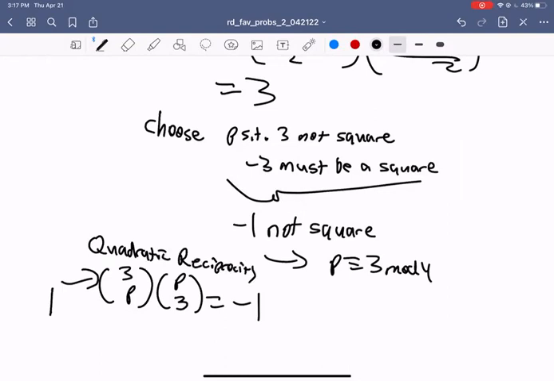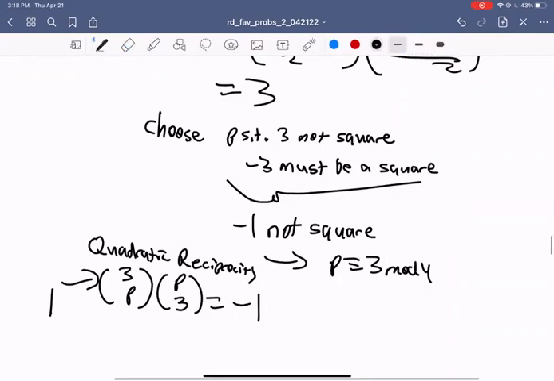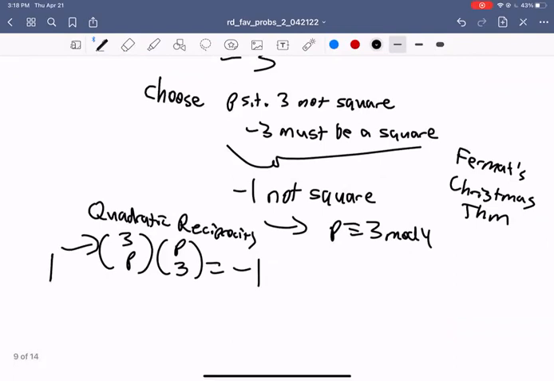I don't know the exact term for this thing, but it's like -x. Actually, I think Fermat's Christmas theorem implies this. So this denotes 1 if 3 is a square mod P and -1 otherwise.